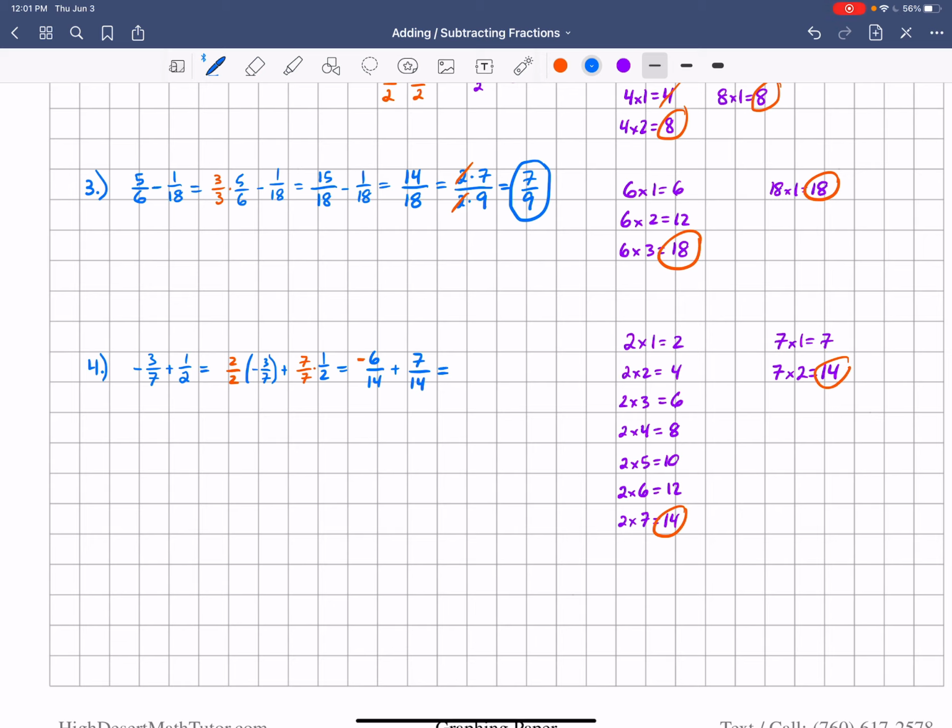When you have negative 6, that's like you owing someone 6, and then we're giving them 7. So if you owe someone $6 and you give them 7, what's left over is $1. And the denominators of the fractions stay the same. So we just have 14. So our final answer is 1/14.